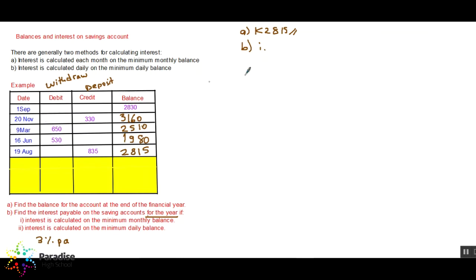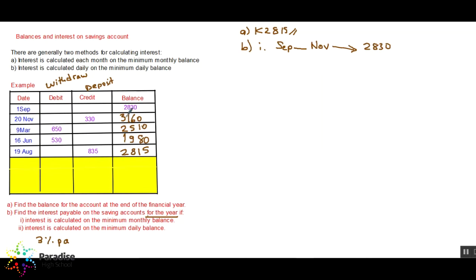So from September to November, the capital that they will accept is 2,830 kina.